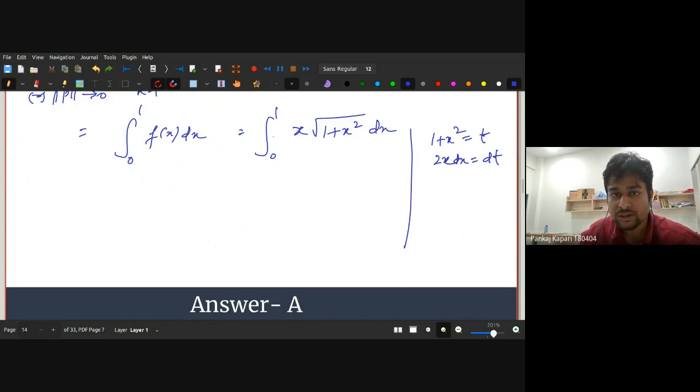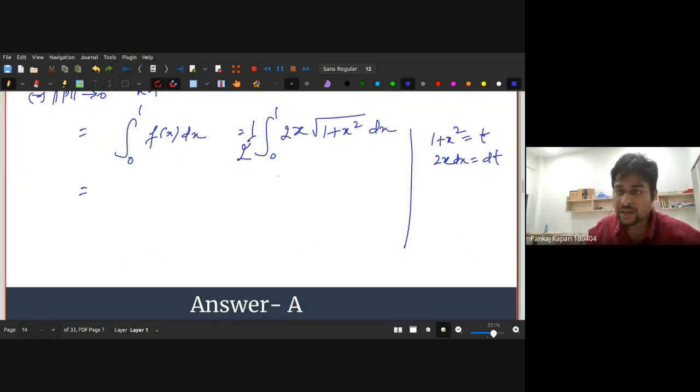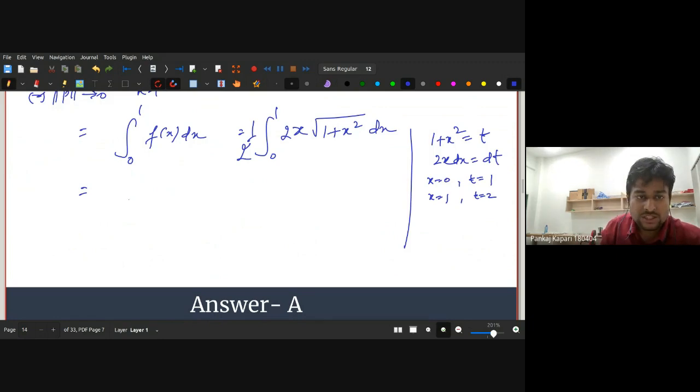So we'll just divide by 2 and multiply by 2. So 2x dx just becomes dt, and we also have to find the lower and upper limits. If x is 0, then t must be 1, and if x is equal to 1, then t must be 2. So this limit is the same as the integral from 1 to 2, half outside, and then we have the square root of t dt.